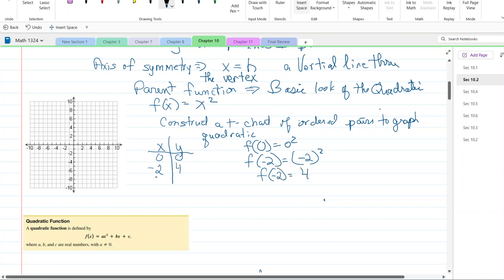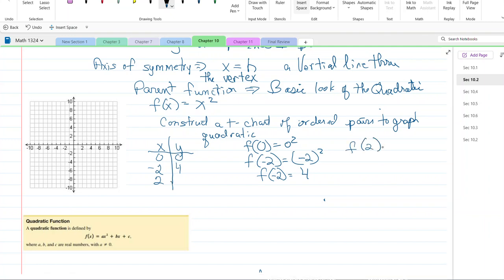Well, let's try its partner, 2. So we're doing f of 2, and that means 2 squared. And we notice the symmetry of this parabola. So we have the ordered pair 0, 0. Then we have negative 2 and 4, and 2 and 4. And we can see then that we have the parabola, the parent parabola.